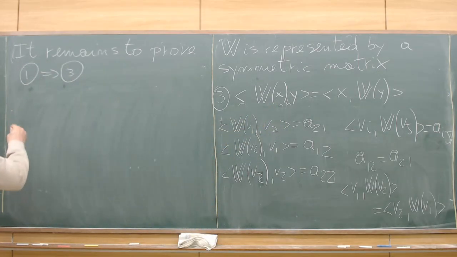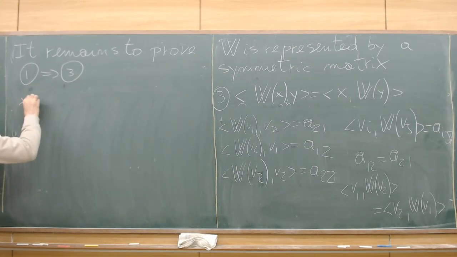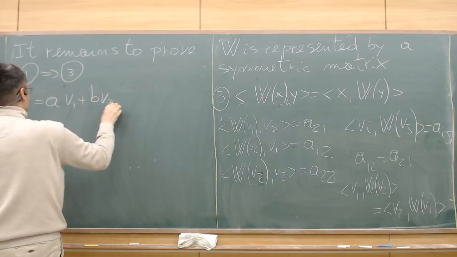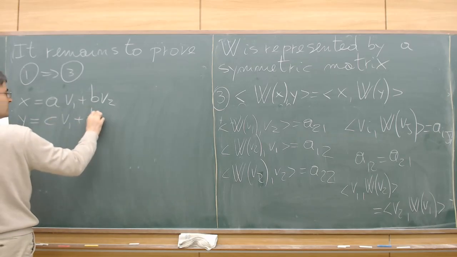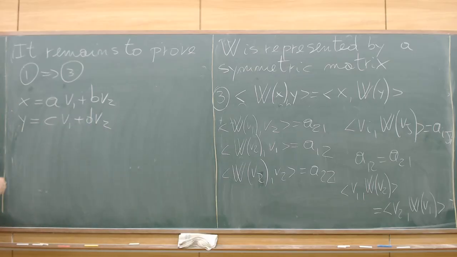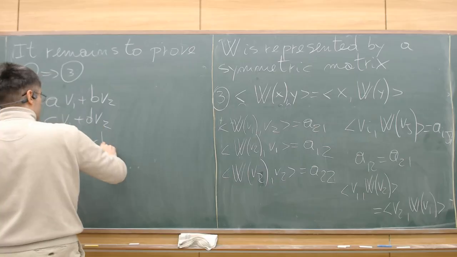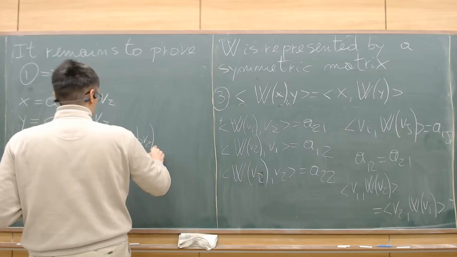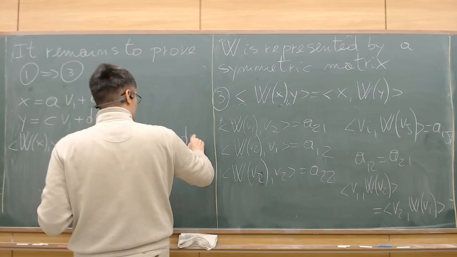So we have to prove that this is true. So let's write down X as a v1 plus b v2 and y equal to c v1 plus d v2. Then Wx multiplied by y will be W of a v1 plus b v2, times c v1 plus d v2.